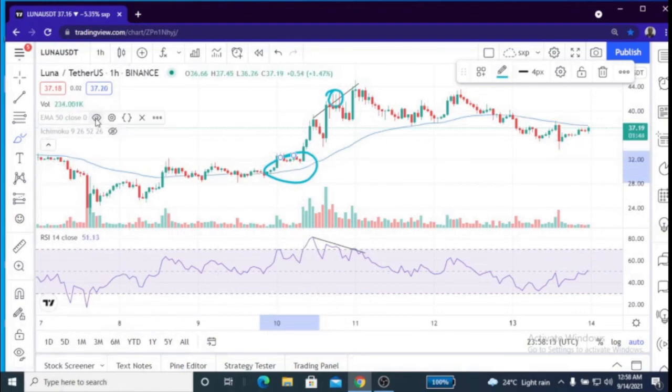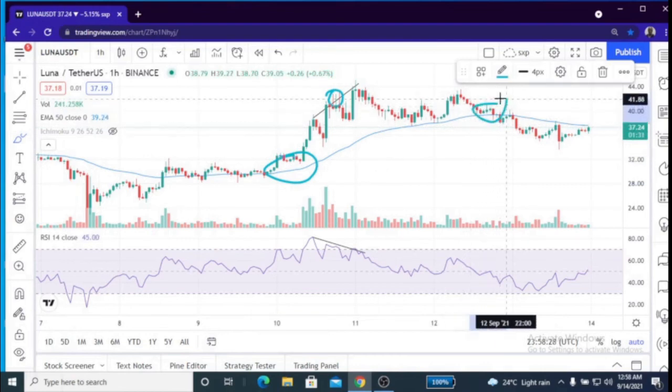If I put in my 50 period moving average, you can see that my moving average was still below price, telling you that it's still an uptrend, but you would have lost money if you picked your profits around here, if you are following the moving average.